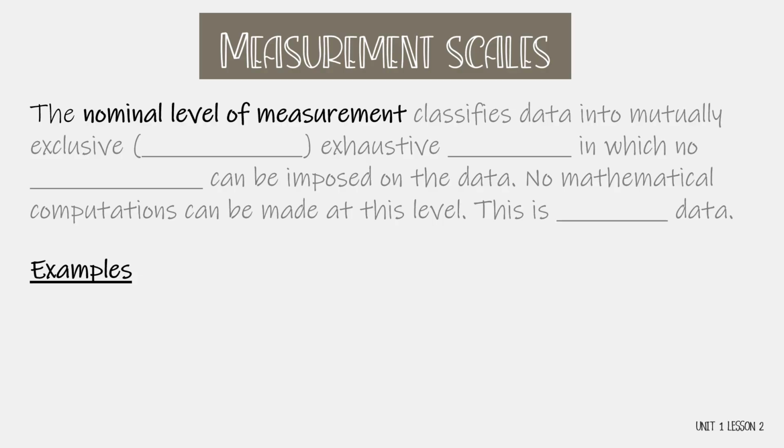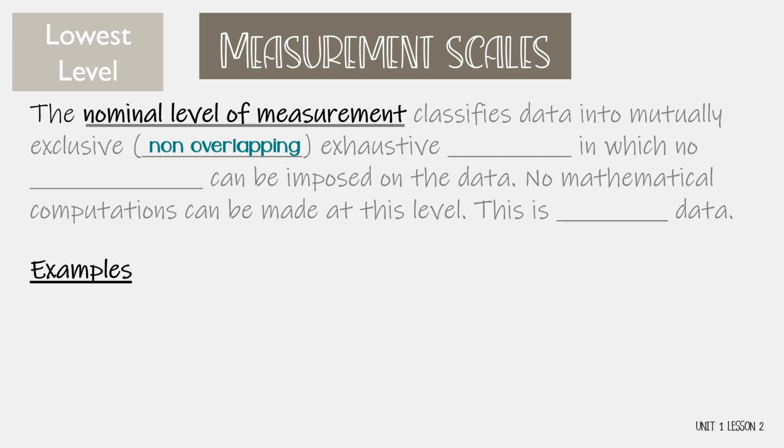Continue on. Measurement scales. This is the lowest level of measurement. It's the nominal level of measurement. It classifies data into mutually exclusive, which means non-overlapping, exhaustive, which means there's a category for everything that's possible, categories in which no order or ranking can be imposed on the data.